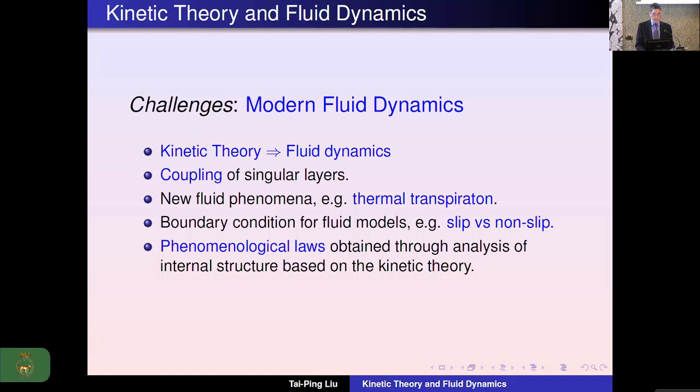But more generally, suppose you have another field, say in biology, and you would like to have a phenomenological law, you need to go inside that layer and study what is actually going on there.